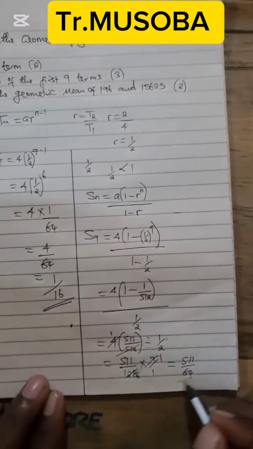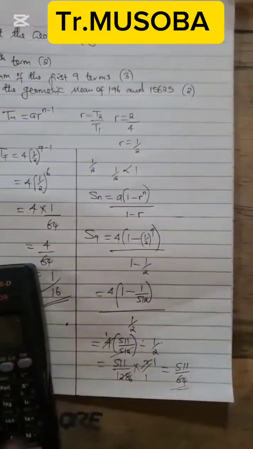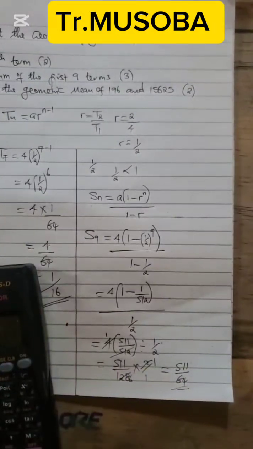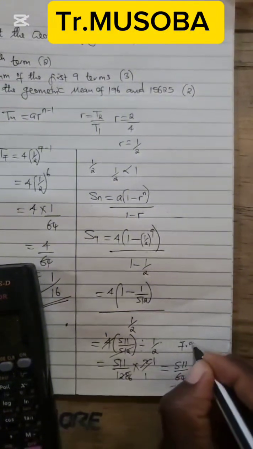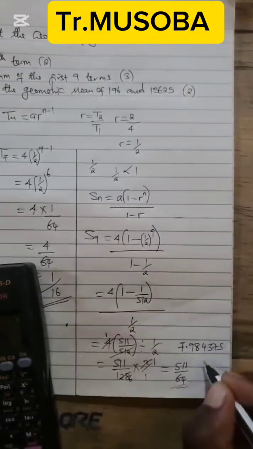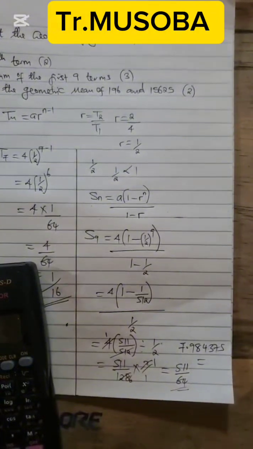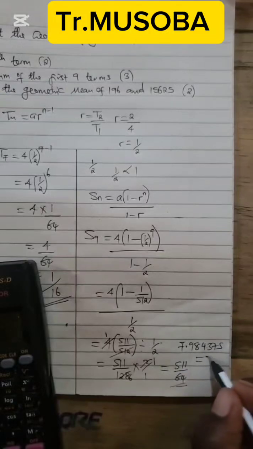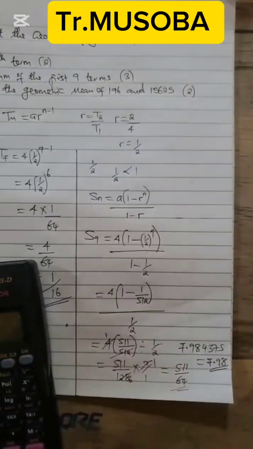You can leave the answer in this fraction, or you leave it in decimal points. 511 divided by 64, you are getting 7.984375. Then you go to the instructions. It says you can leave the answer in 3 significant figures or in 2 decimal places. So we say 7.98 as our answer.